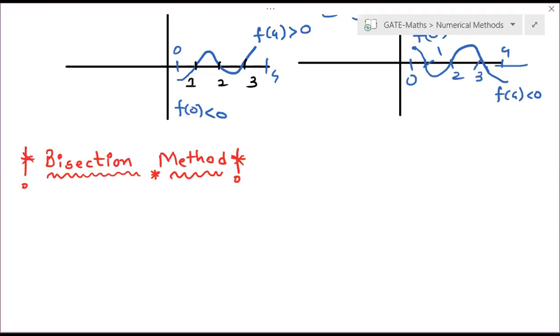I think, where is Chandrasekhar? Oh, sorry, Chandrasekhar is here. Where is Roshan now?